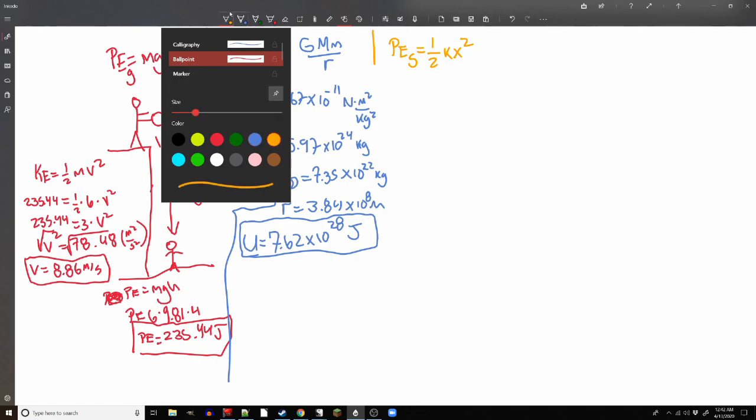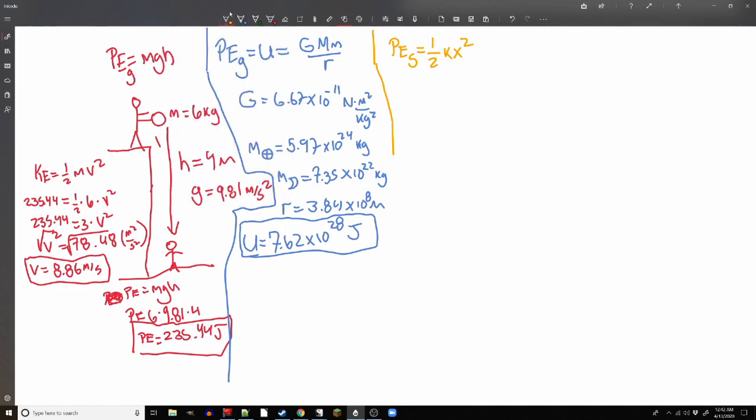And finally, the last example problem we'll do is with a spring potential energy. So I'll draw a little spring here. Maybe, let's say that this spring is a slinky.